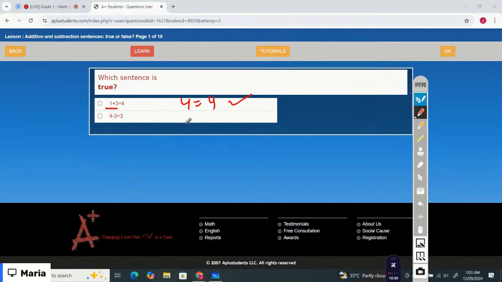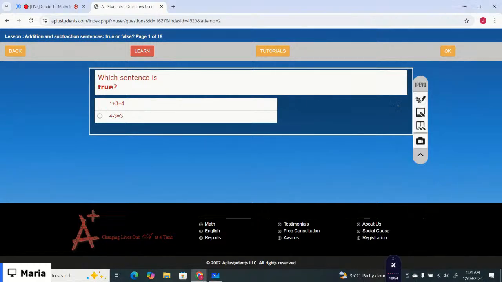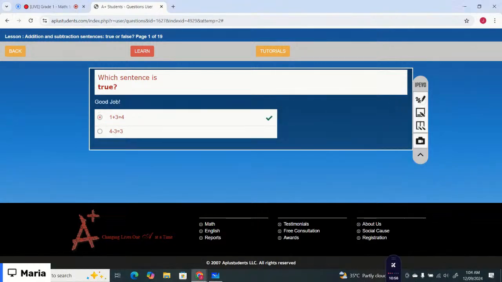So that is the true one. Now look at the second one. 4 take away 3 is 1, and 1 is not equal to 3. Got it? The correct option is option number 1, that is 1 plus 3 equals 4.